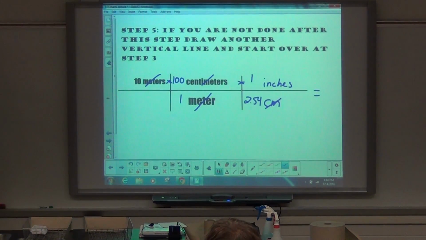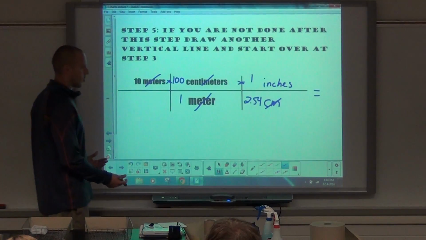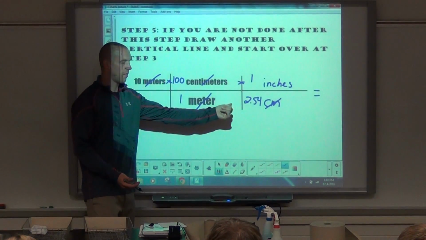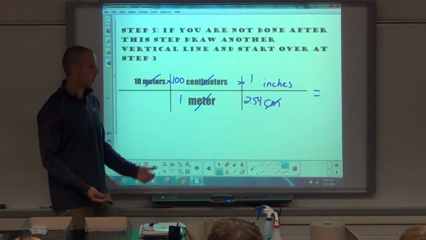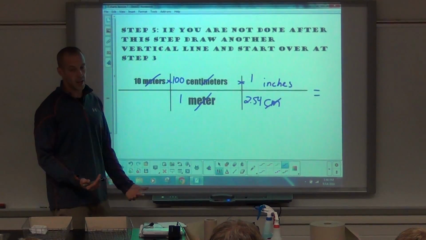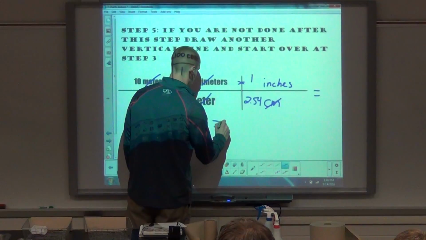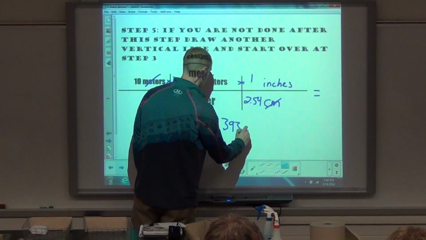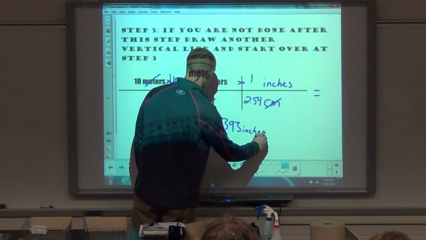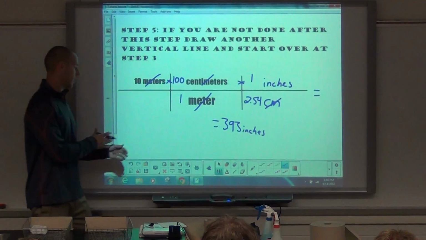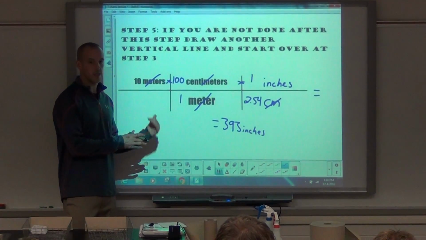I know we don't have to do times 1, but just for the sake of introduction. Then you divide by 1 and divide by 2.54. So really you're just doing 10 times 100 divided by 2.54. And that would give you 393 inches. So we know now that there are 393 inches in 10 meters.